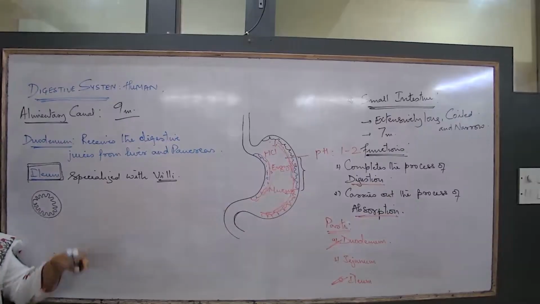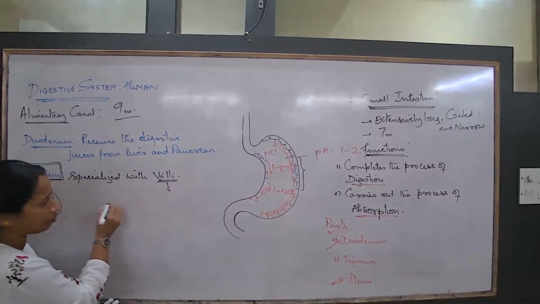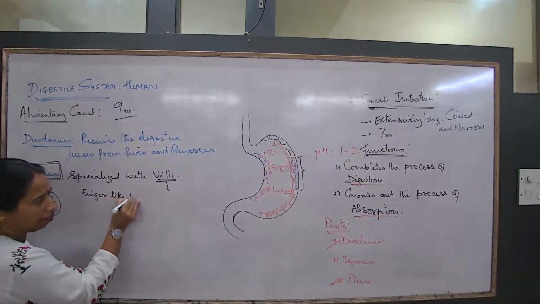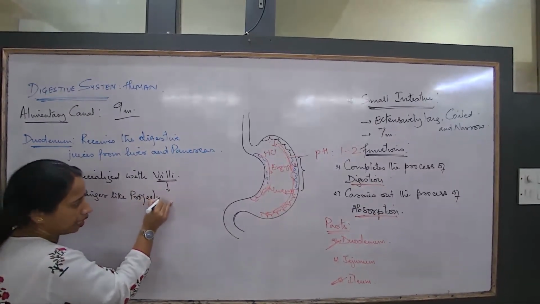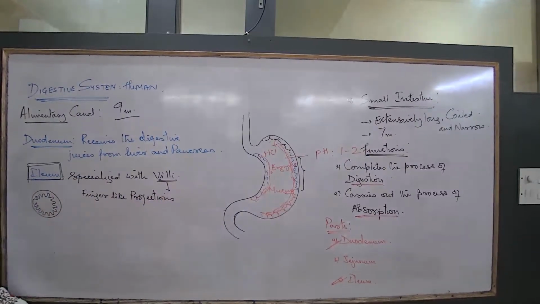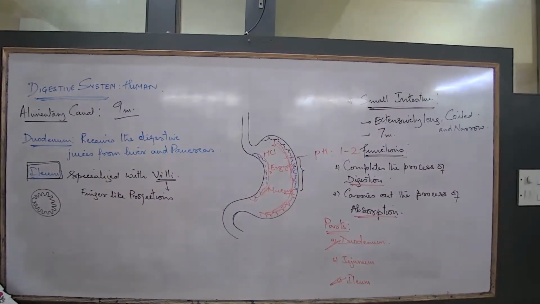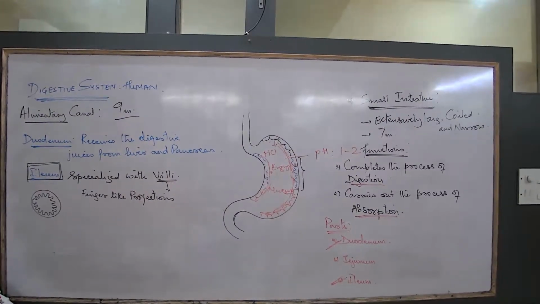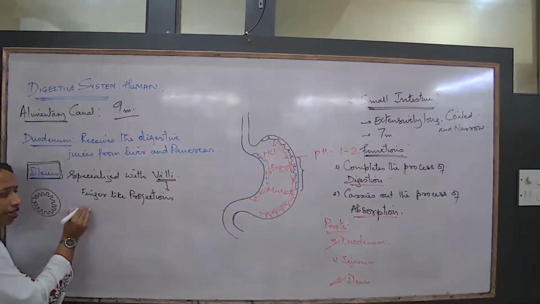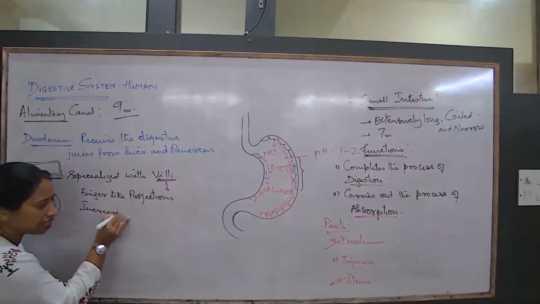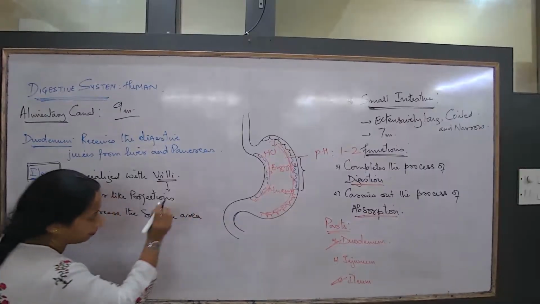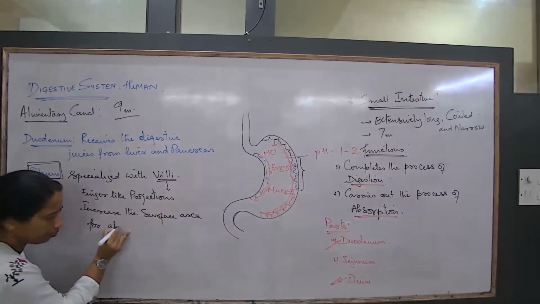What is the definition of the word villi? Villi are finger-like projections from the inner wall of the ileum. And what is their significance? They increase the surface area for absorption.